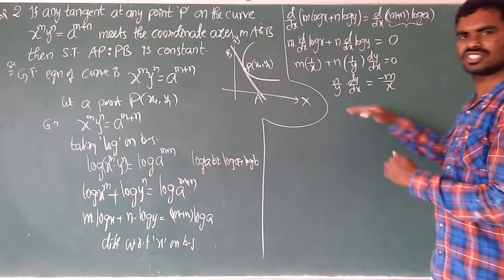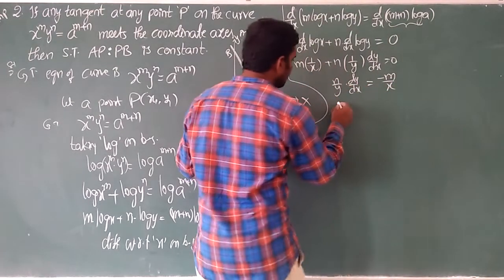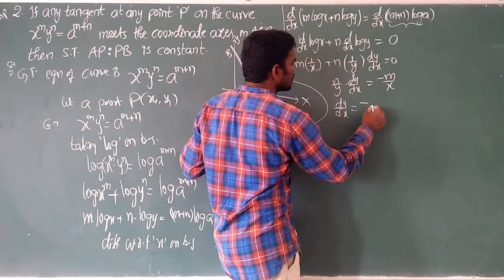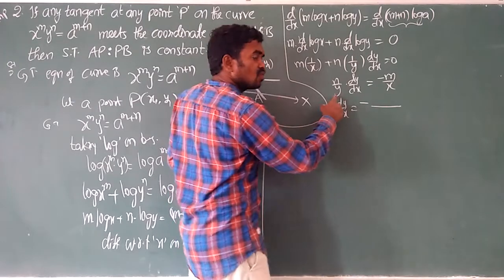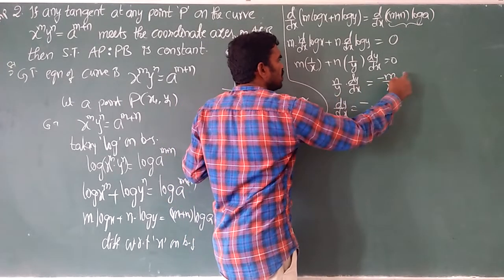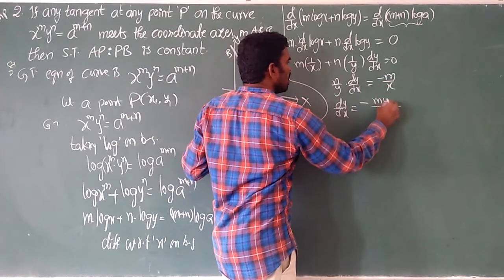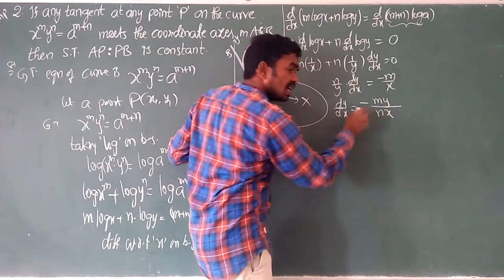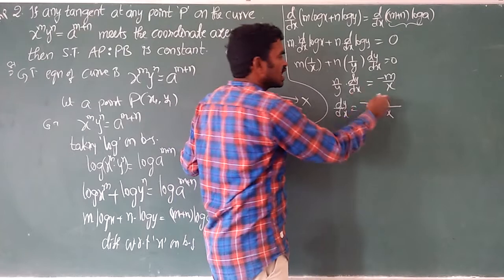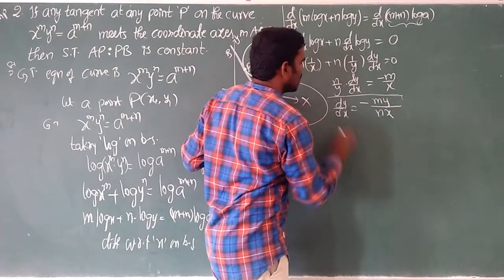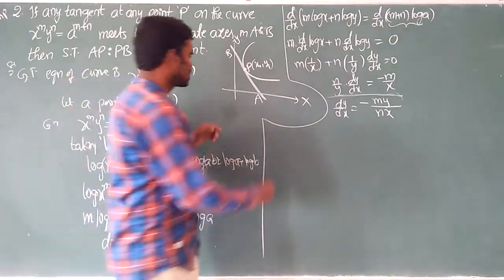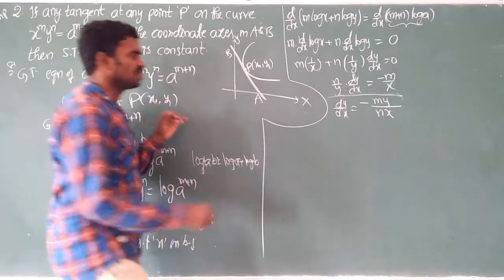Now this n by y also goes to the right side. Then dy by dx is equal to minus, see, this y goes to the numerator, so y into m means my. n goes to the denominator, n into x, nx. Why? Because it is in multiplication, when sent to the right side the numerator becomes the denominator. We want the slope, that is dy by dx at the point x1, y1.